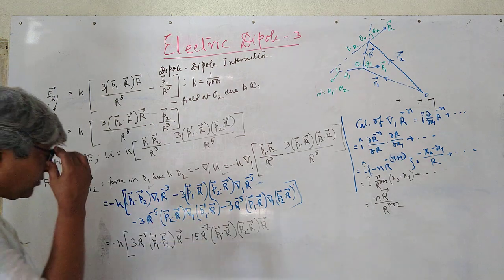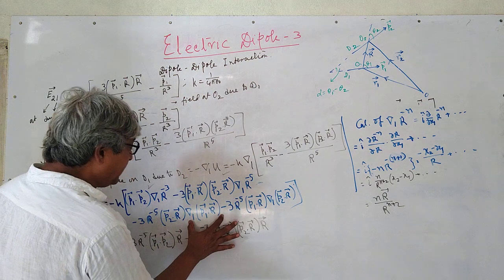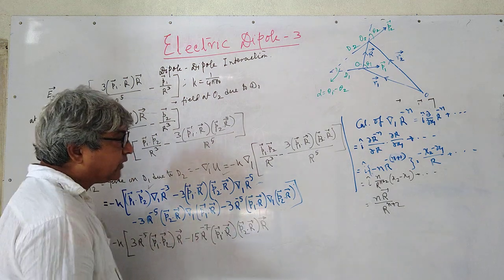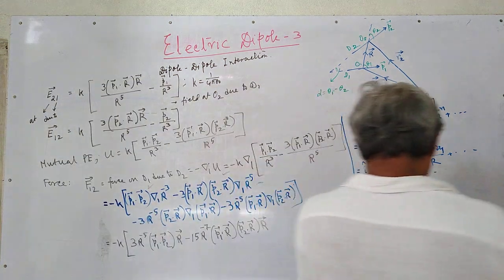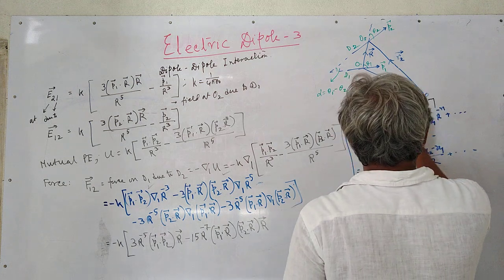Here we encounter again a term, this time nabla 1 operating on P1 dot R. So let me calculate this one.